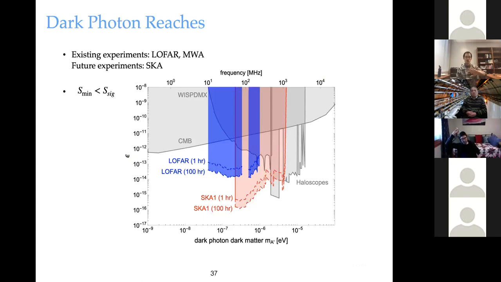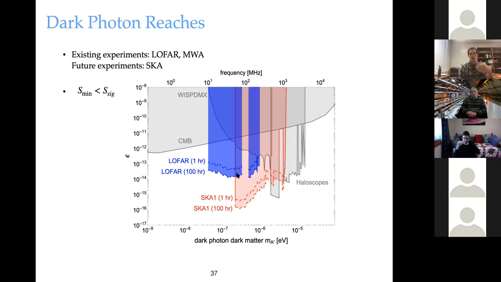The color shaded region is the reach dark photon can do. For the existing experiment LOFAR, we don't do the real data analysis. We just take their parameters and think about if they run 1 hour, what's the blue region? This is the blue region they will cover. And if it's 100 hours, they can reach here.